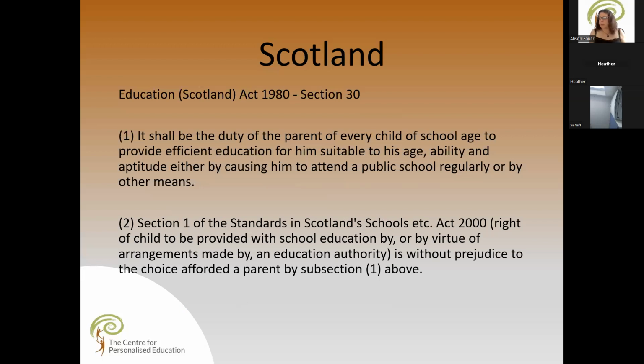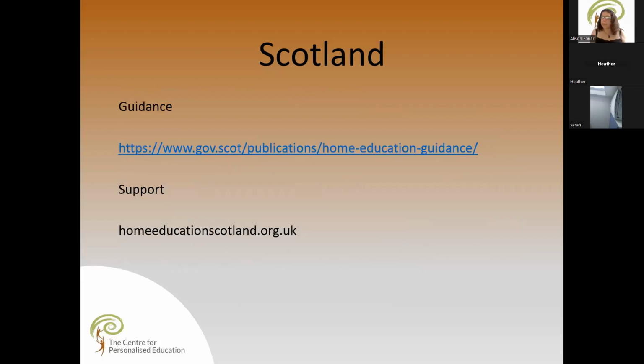Okay, so right to education is the second part of that section. And again, the guidance is available. There is only one home educating support organisation in Scotland now, and that's homeeducationscotland.org.uk. The website is not as good as the old Schoolhouse website, unfortunately.